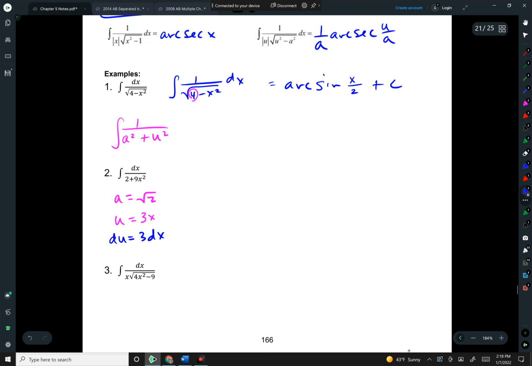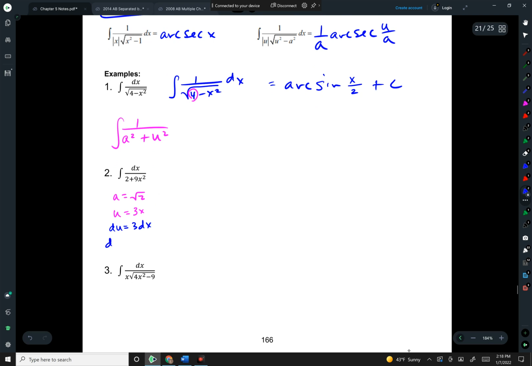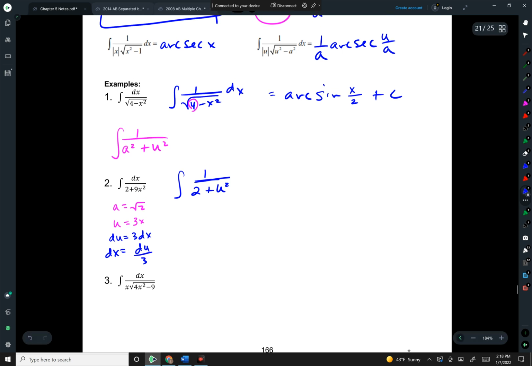So dx is du over 3. I only wrote down the a so that when I get to the formula, I have it handy. Dx is du over 3. So when I rewrite, I'm going to have the integral of 1 over 2 plus u squared. And it's okay to have the 2 there because I know that's just my a squared, right? And then in place of dx, I have du over 3.